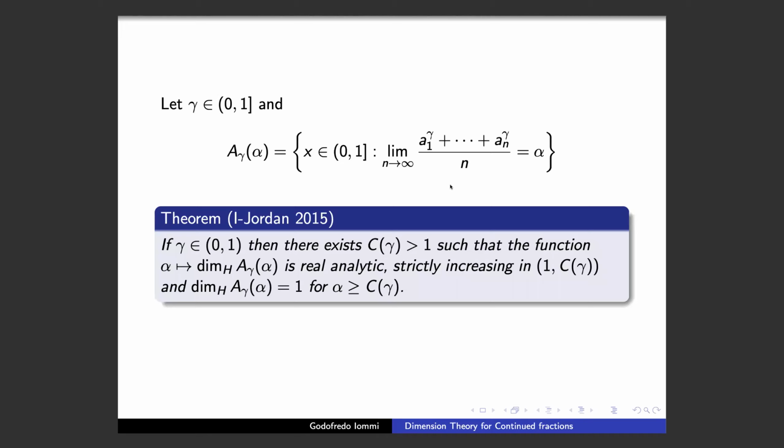And after that, all level sets A alpha have full Hausdorff dimension. They all have Hausdorff dimension equal to 1. So it's a curve that increases, and then you have a plateau where everything is constant equal to 1.